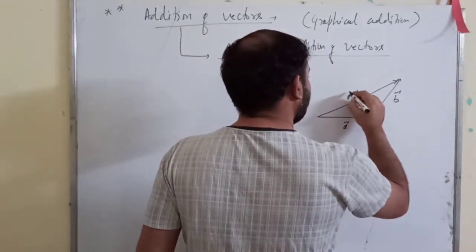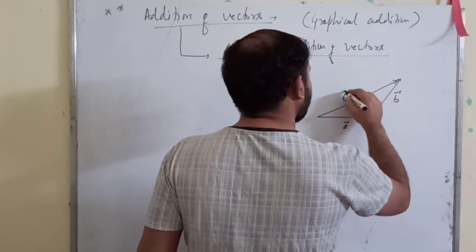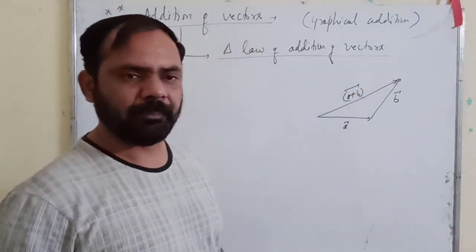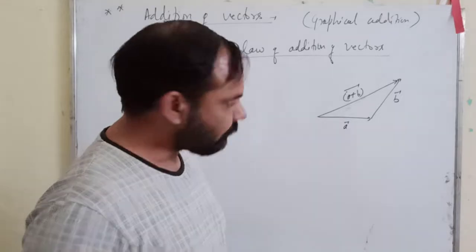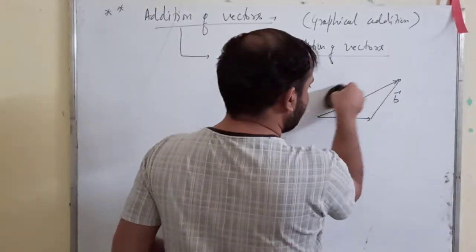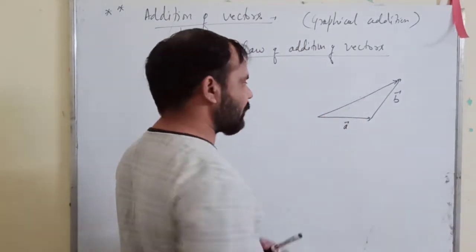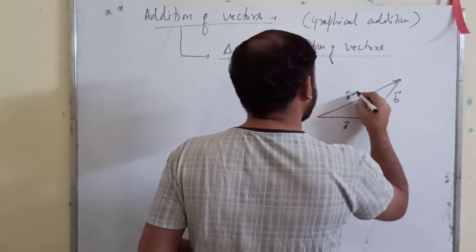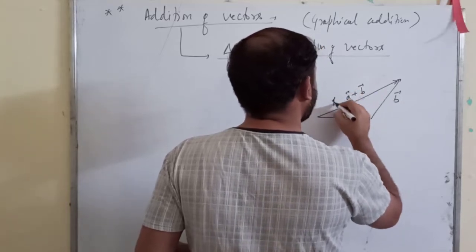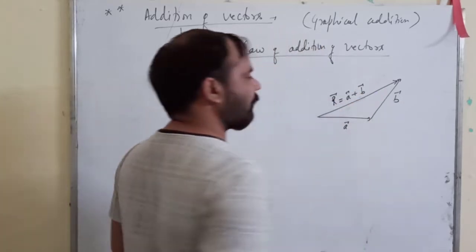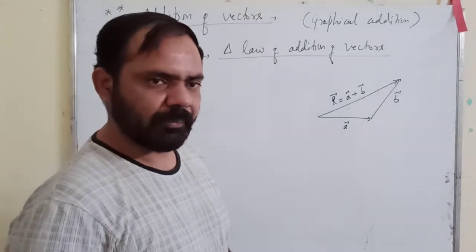This is a vector plus b vector, which we call r vector or resultant vector.